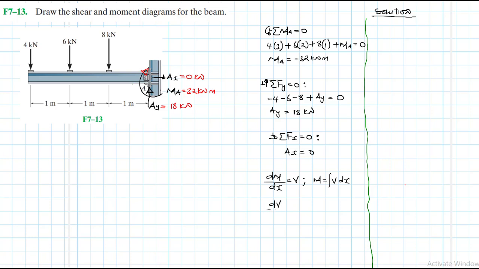And the rate of change of shear with respect to x is just equal to the distributed load, where the shear itself is equal to just the area under the distributed load diagram. So these are the two differential equations that we're going to use to plot our diagrams, right? So let's do that.